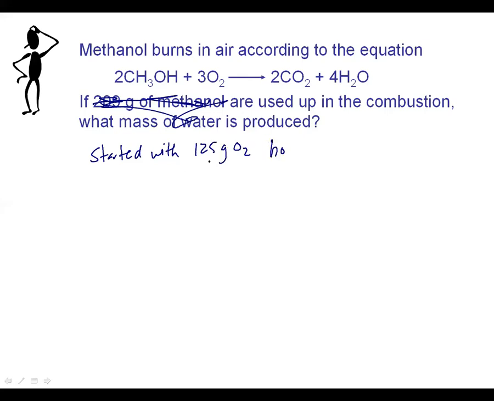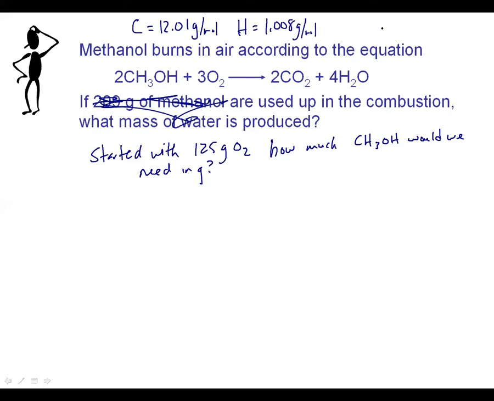How much methanol would we need, in grams? So why don't you take a moment and calculate that. Again, same information from last time. You could probably use the molar masses you had from last time. All right, take a minute or two, see what you come up with. I will as well, since I just made it up.